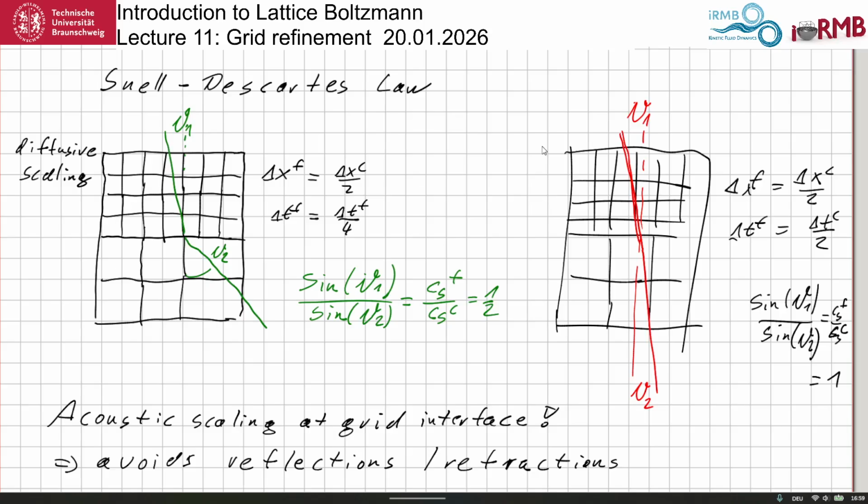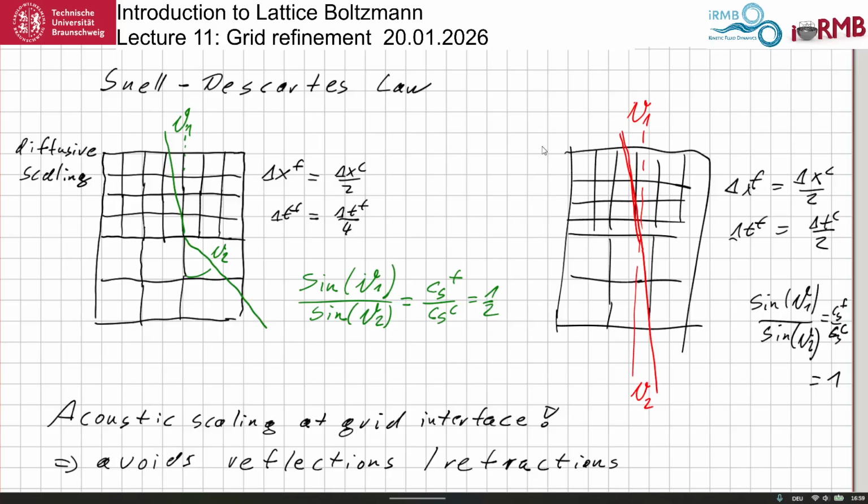The other problem is similar to what we have observed with the delay and not delay bounce back. In lattice Boltzmann, the second moments appear in the Navier-Stokes equation only by their derivative.